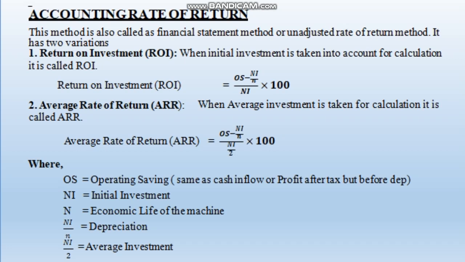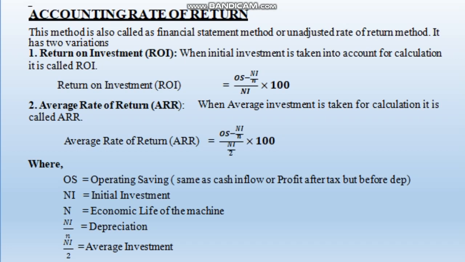And the second variation of accounting rate of return is average rate of return, ARR. ARR is considered when average investment is taken for calculation.